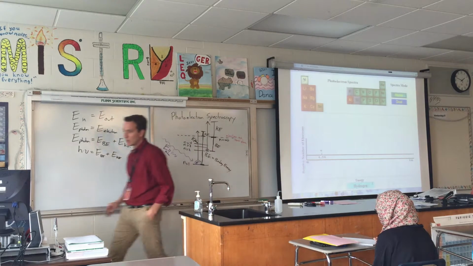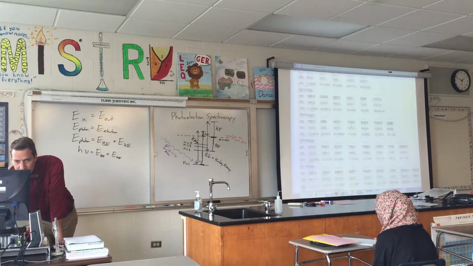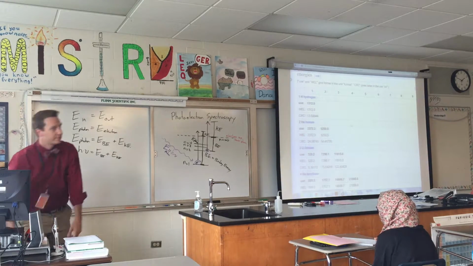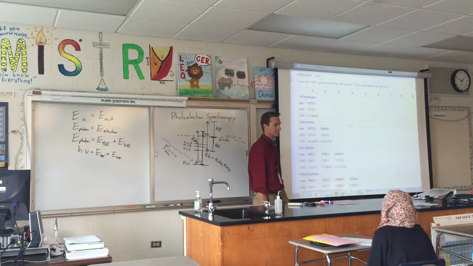Okay, but let me go back to the ionization energy data from Wikipedia. Look at hydrogen. So it's just joules per mole, not kilojoules per mole. Close. Did I go the wrong direction? Wrong way.